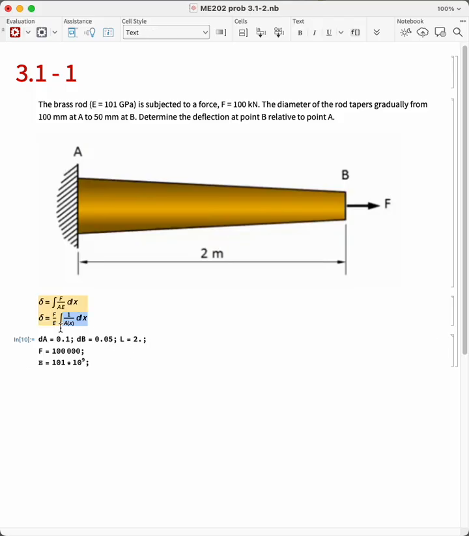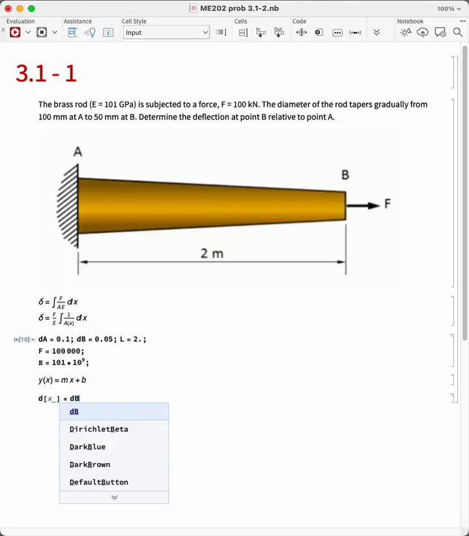Next thing, I need this area as a function of x. Looking here, these look like straight lines, so it looks like the diameter is changing as a linear function of x. And we know that any linear function can be written as y of x equals mx plus b. So that's the slope times x plus the value of the function at x equals 0. So the diameter of x is going to be the slope, which is the change in diameter divided by the length, rise over run.